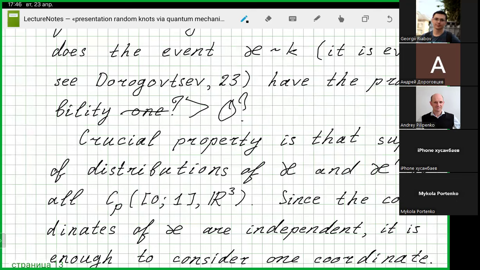It is more or less reasonable because what we want to do is, we have some deterministic knot, and it is a closed curve, so it is a continuous periodic function from 0,1 to R3. And then in a small neighborhood of this deterministic curve, we want to find a trajectory of our kappa.